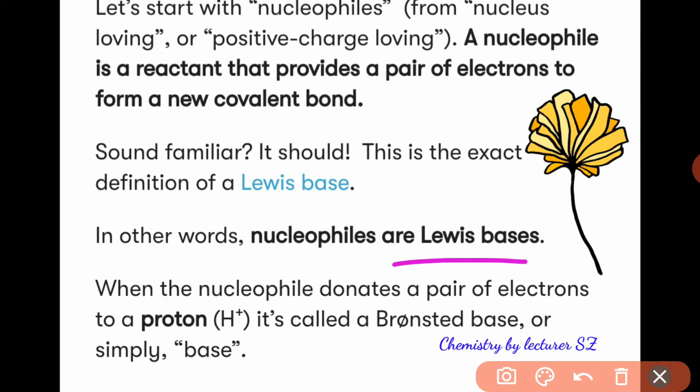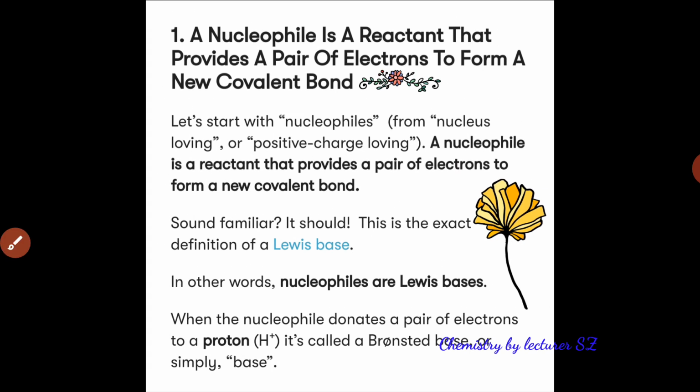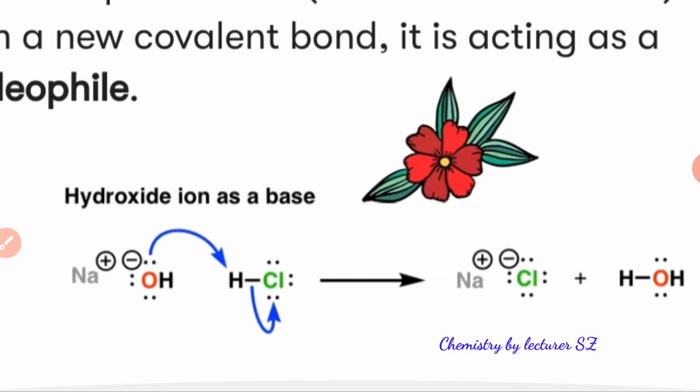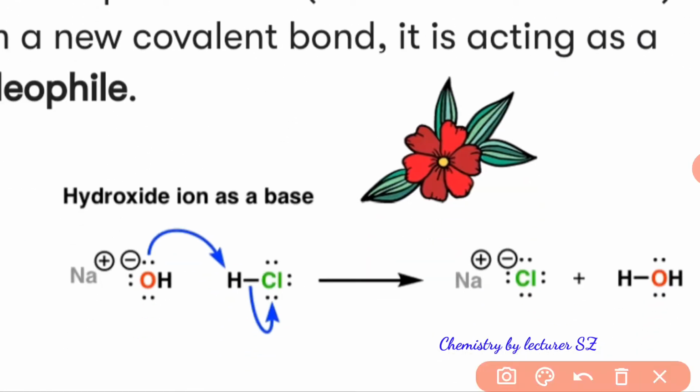Okay, let's have a look at a reaction. I will explain this nucleophilicity with a reaction. This is a reaction in which a hydroxide ion, you must have seen the NaOH plus HCl reaction, right? So here the OH is containing extra electrons, it is having some negativity.